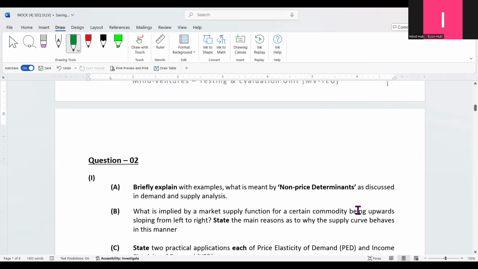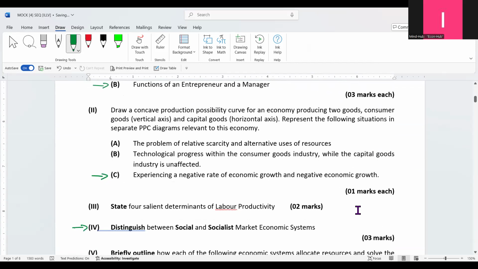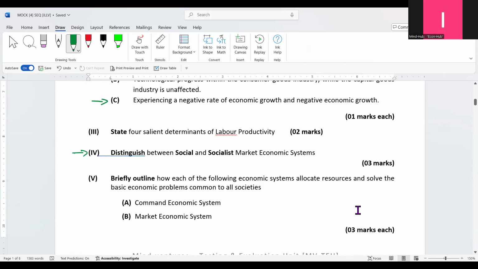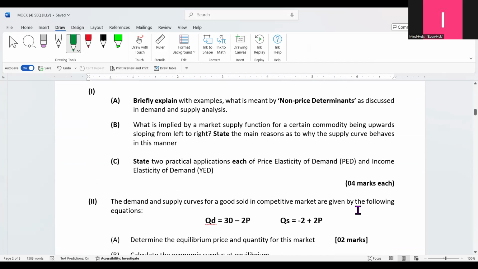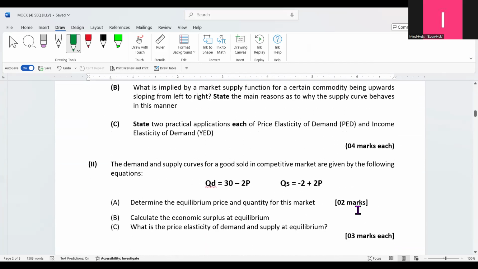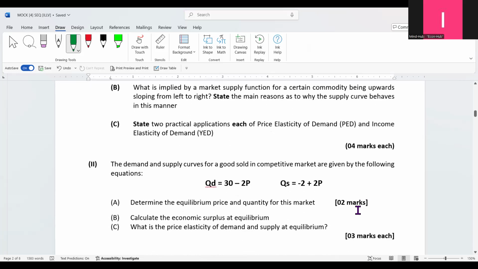Then question 1, I have highlighted part 1, part B, part 2, part C, and then part 4. Question 2, I don't specifically have anything to highlight. It's theory. Your theory knowledge needs to be very sound with unit 2, as you know.